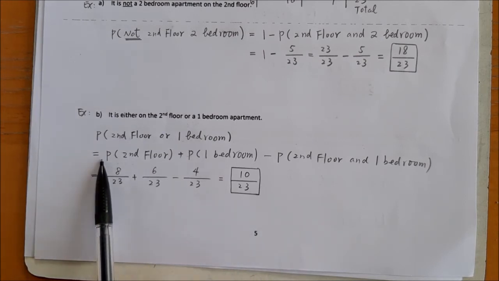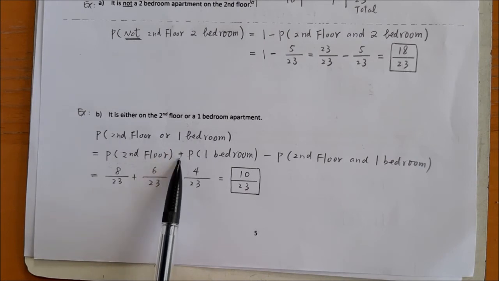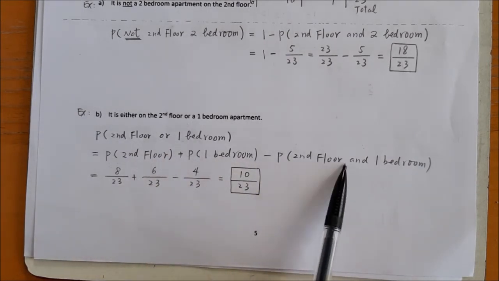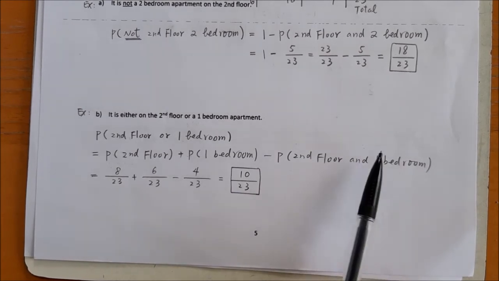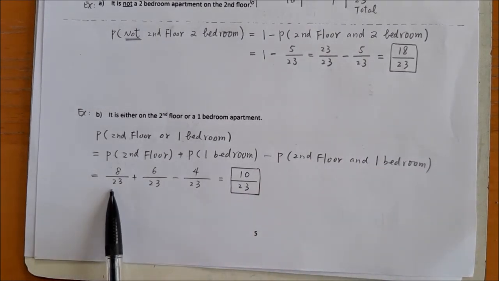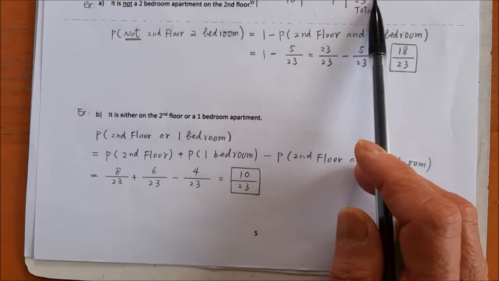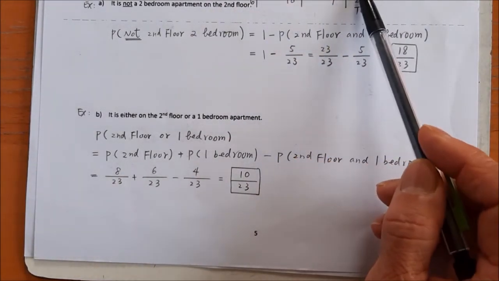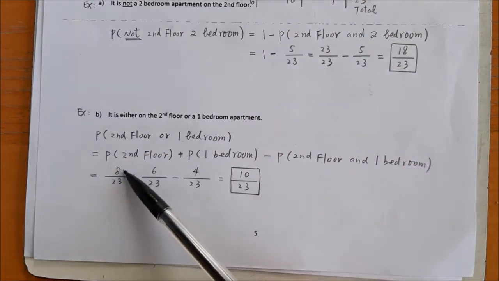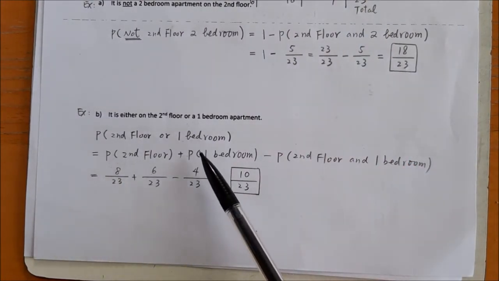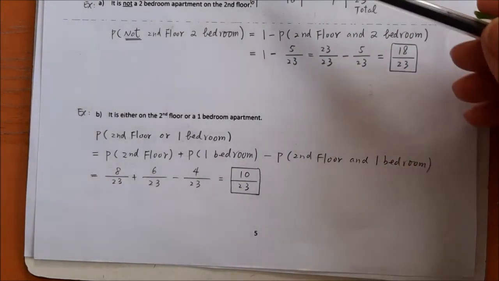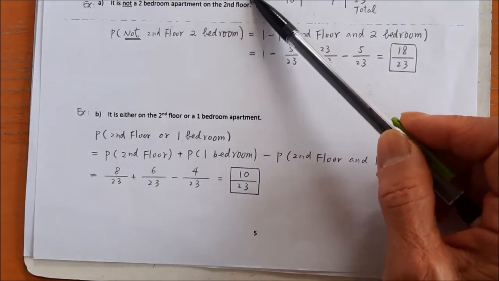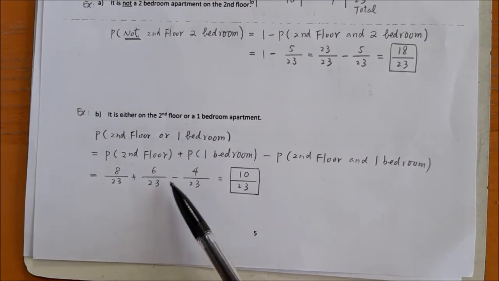So probability of second floor add probability of 1-bedroom minus probability of second floor and 1-bedroom. The probability of second floor: total is 23 apartments, second floor has 8, so 8 out of 23. Probability of 1-bedroom: 6 out of 23.